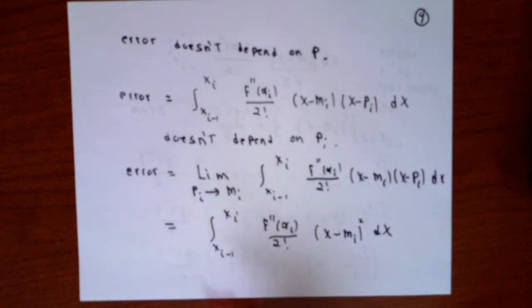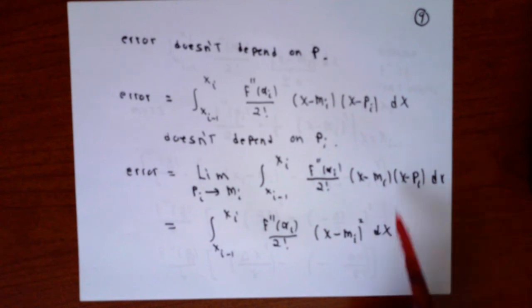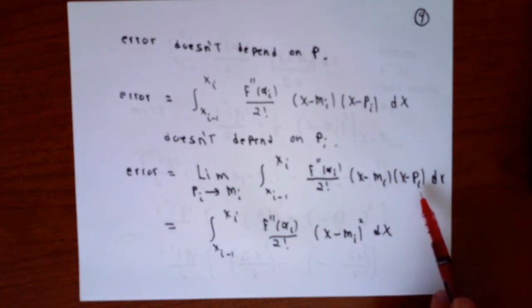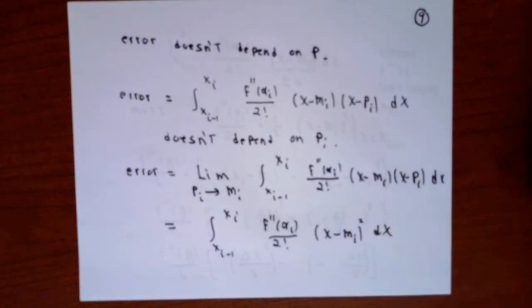The error turns out to be the integral from xi minus 1 to xi of the second derivative of f evaluated at alpha I divided by 2 factorial times x minus m times x minus m. I've now got 2 factors of x minus m in my integral.